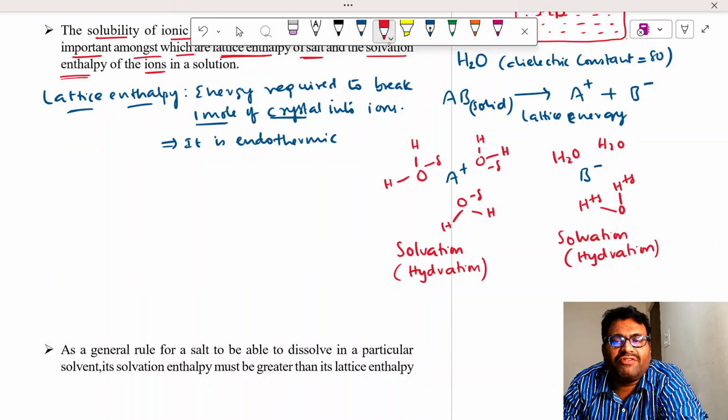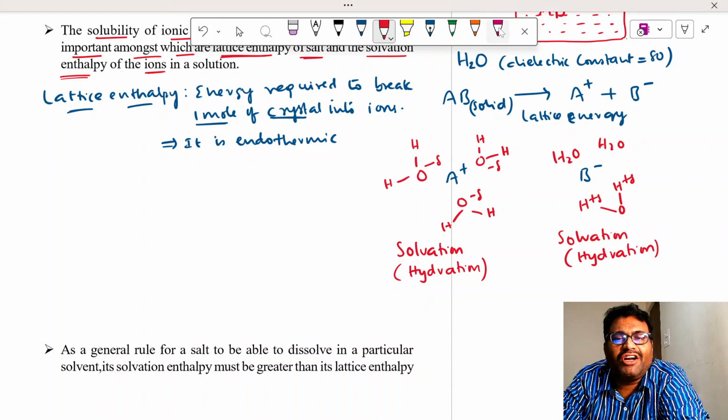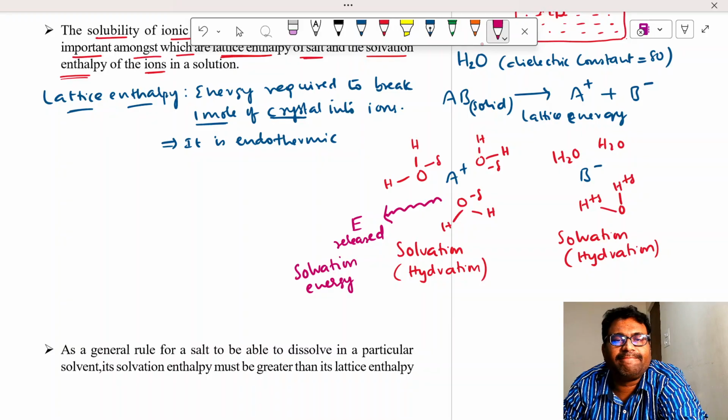In chemistry, we have studied that when two species come closer, energy is released. Here, when water surrounds the ion, some energy is released. That energy is called solvation energy, also called hydration energy.